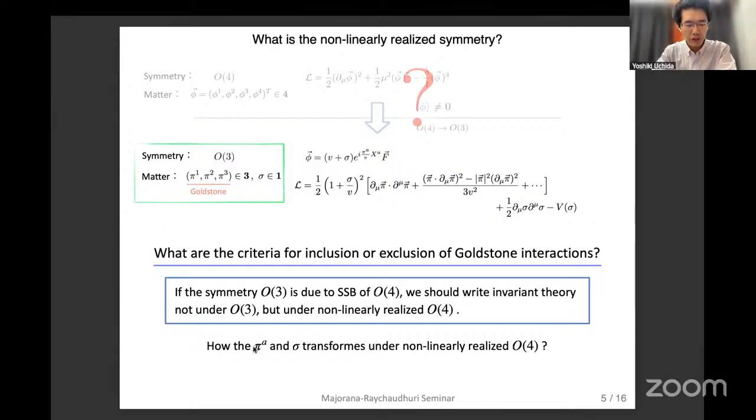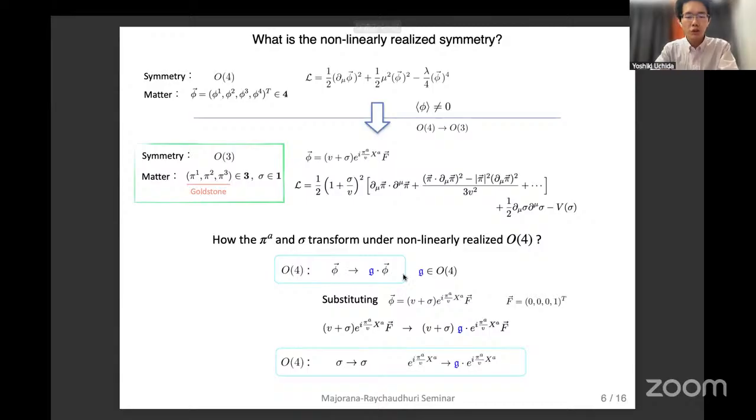So maybe the next question we should ask is, what is the transformation law of the broken phase fields, Goldstone and sigma field, under the nonlinearly realized O4? How do the pi A Goldstone and the sigma field transform under the nonlinearly realized O4?